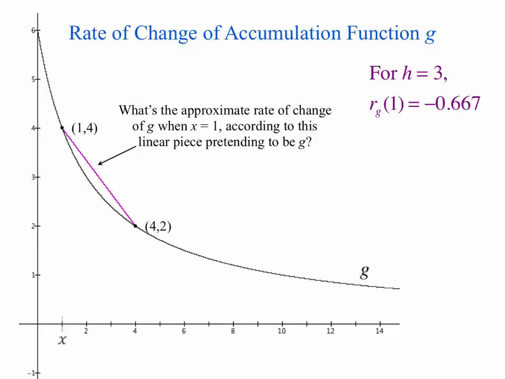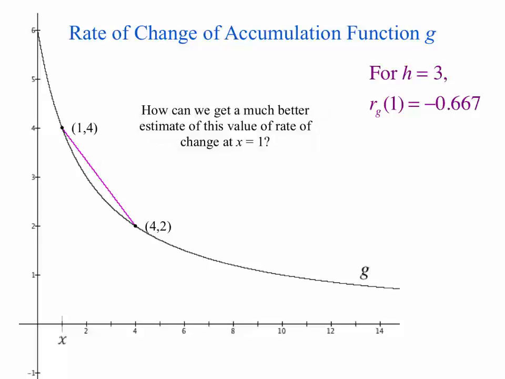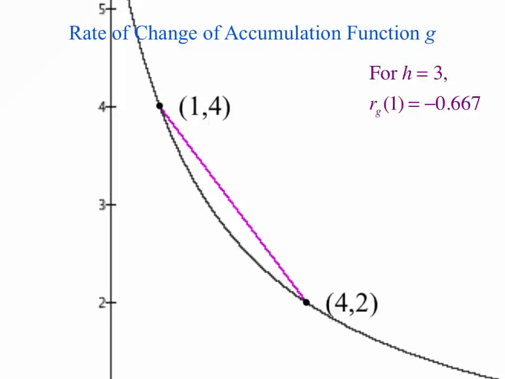Okay, how do we get a better approximation? Smaller h. Okay, so get a better approximation then. Here you go. Now you're going to have to actually do something. You can't do this one in your head. Get a better approximation for the rate of change of the function g evaluated at x equals 1.